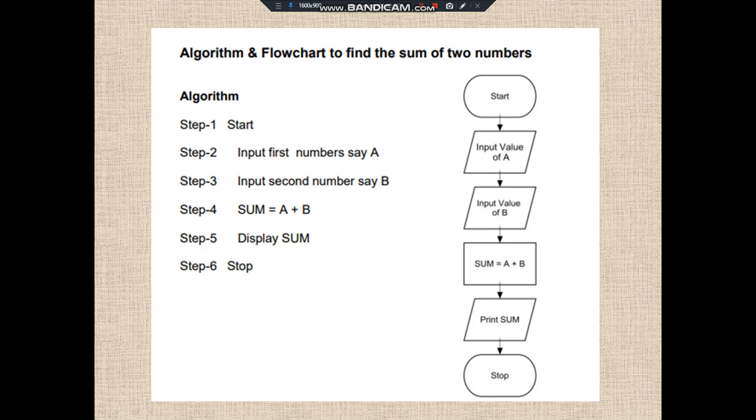Then we are going to perform the process here: sum is equal to A plus B. As it is a process, we have used the rectangle here. And after that we are going to display the sum. To display the sum means you are displaying the output here, so for output again you will require the parallelogram. Then the last step is stop, and all of these steps are connected by using the arrows.